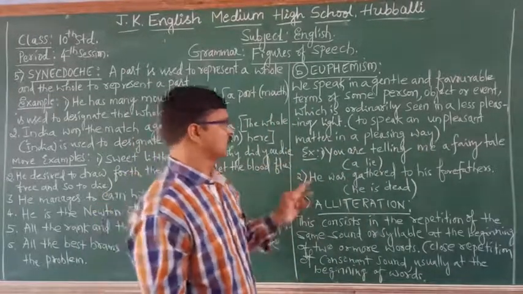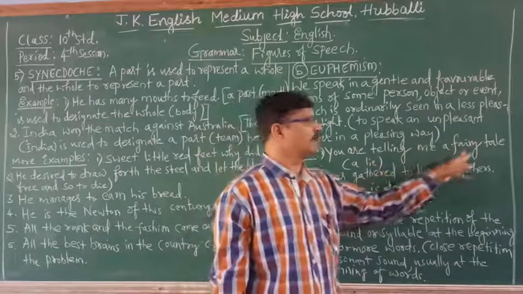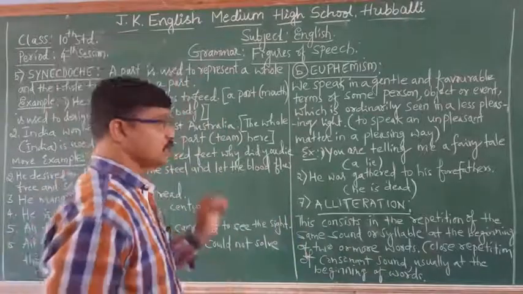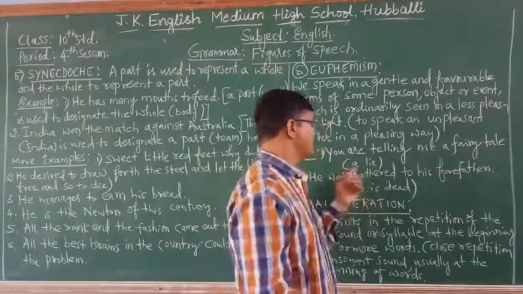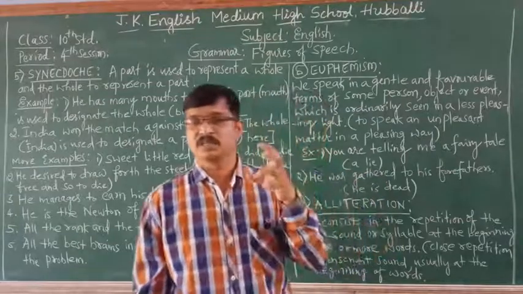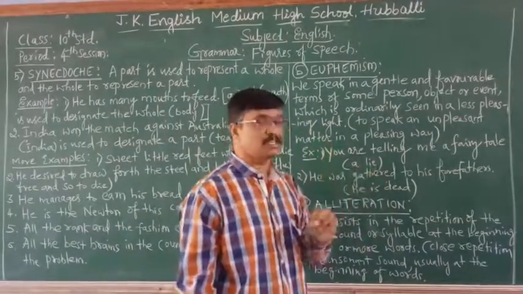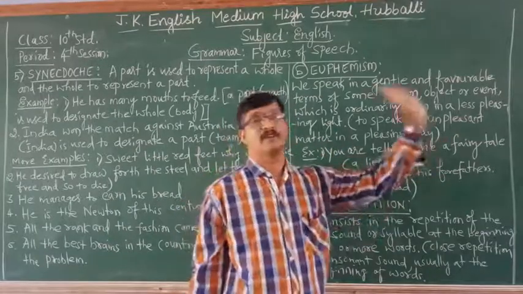Example. Two examples are written here, children. You are telling me a fairy tale. Actually, the meaning of this here is a lie. That is going to lie. So the lyingness is represented in a gentle manner. That is, you are telling me a fairy tale.